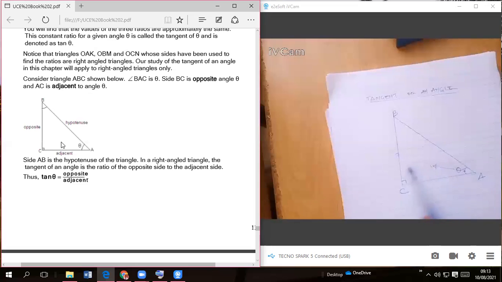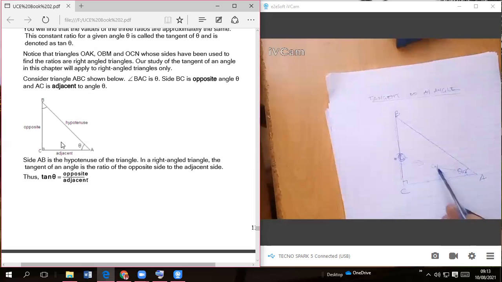It means that looking at this side, which is here, if another person is standing here and is looking at this side, this person is facing at this angle here. So what does it mean? It means that this side here is opposite to this angle.